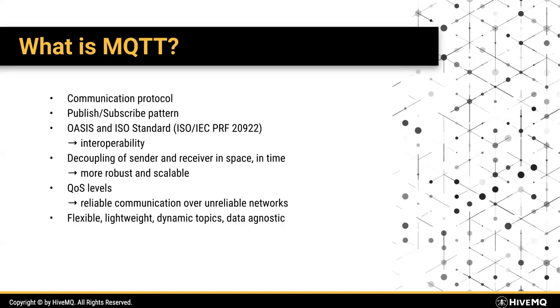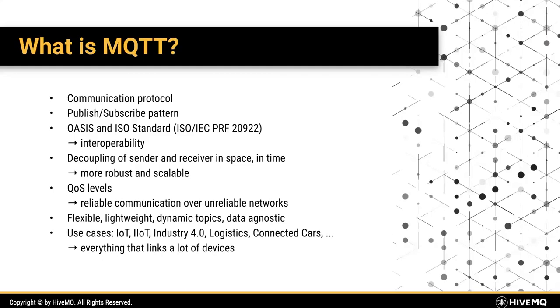And all of these features are provided by a flexible and lightweight protocol. You don't have to set up topics. You don't have to worry that your data has to be in a certain format. So it is really adaptive to your use case, and we will see that later also. Short about the use cases.